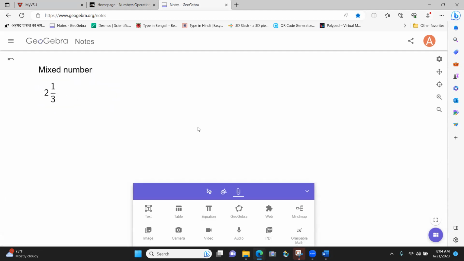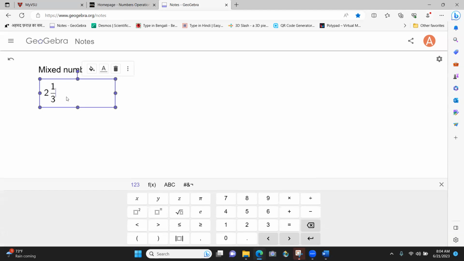Okay. So suppose you had two whole cookies and 1/3 of the next cookie. What is it in terms of an improper fraction? What you do is you take the denominator and multiply it by the whole number part, you get 6, and then you add 1.